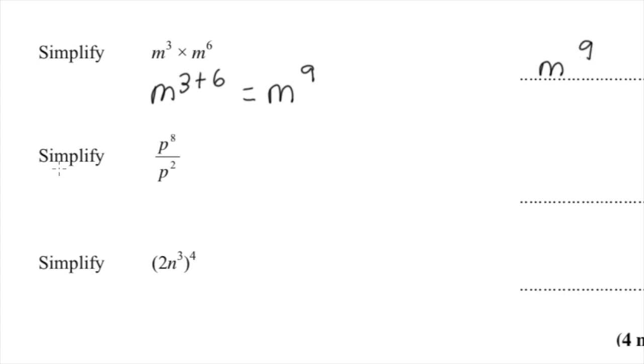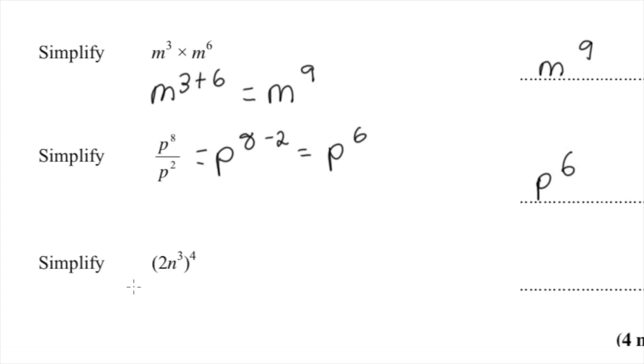And for the next one, it says simplify p to the power of 8 divided by p to the power of 2. And if you remember what we learned, if we're dividing, we subtract the powers. So it will be p to the power of 8 minus 2, which will be p to the power of 6.